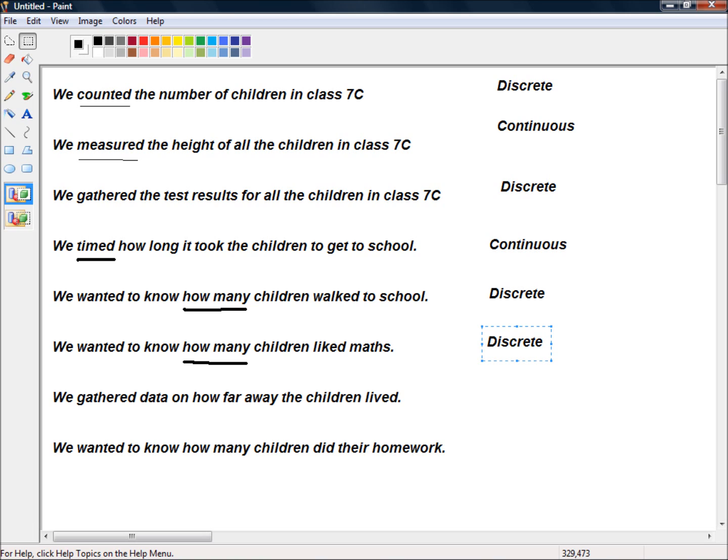We gathered data on how far away the children lived. Well, how far away someone lives, that's a measurement. You measure it in miles or kilometres or something. So this is continuous.